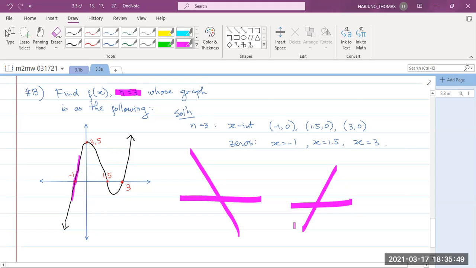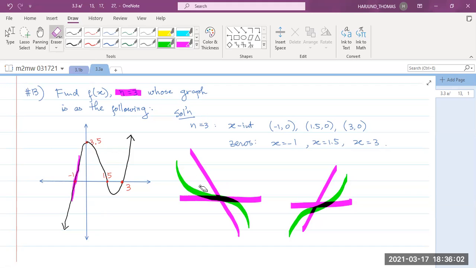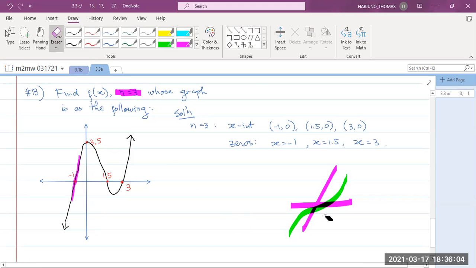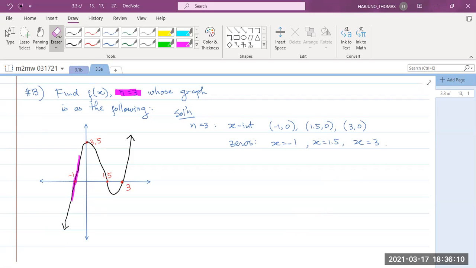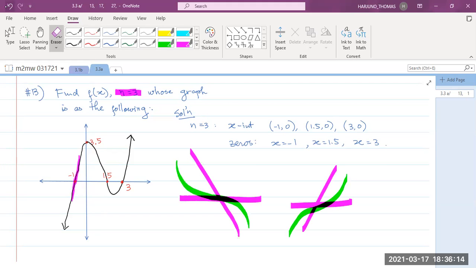If it were degree of 3, then it would cross the x-intercept like this. It's curvy around the x-intercept. That's how we know that the x-intercepts are from zeros with degree of 1. Let me erase all of them.